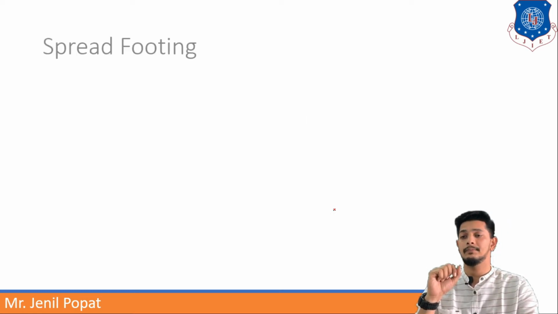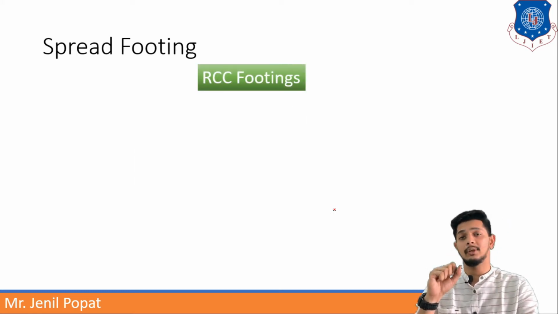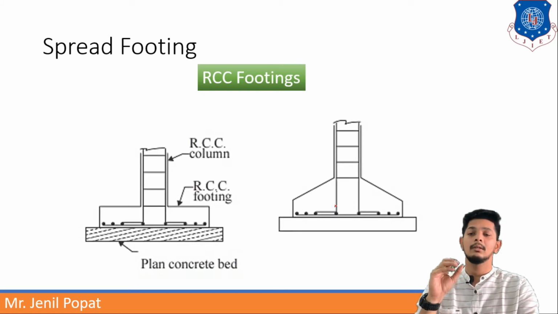In the same way, an RCC footing may be there. Here in this image, you can see a column constructed on it. It is an RCC footing, used under or beneath a column. If there is a wall, you will use a wall footing, but if there is a column, you will use an RCC footing.